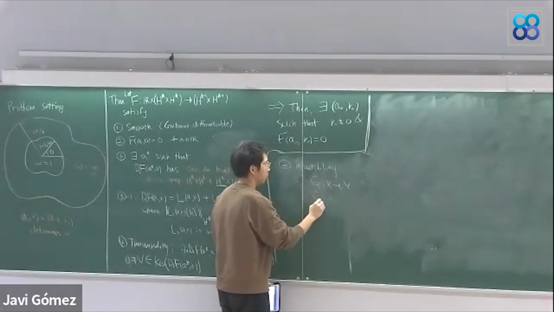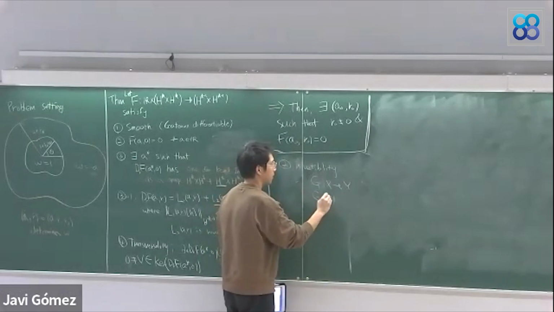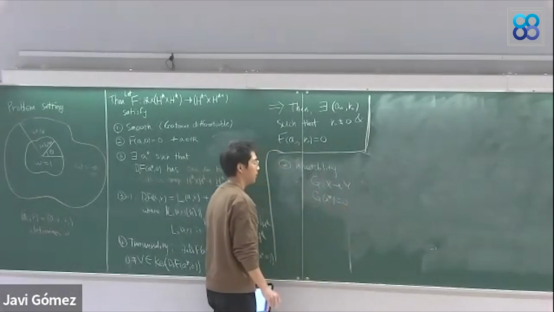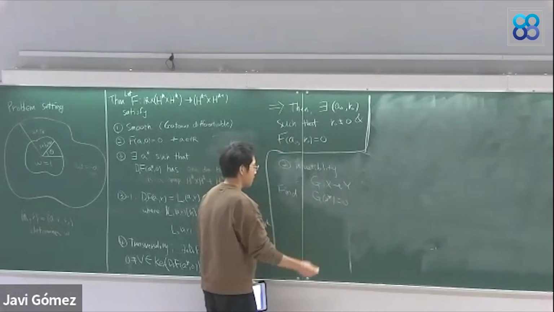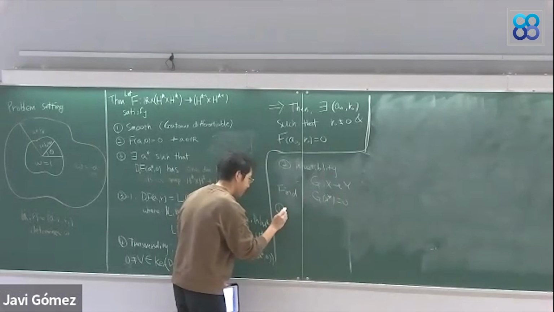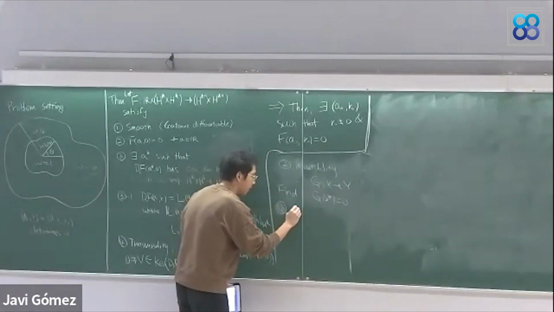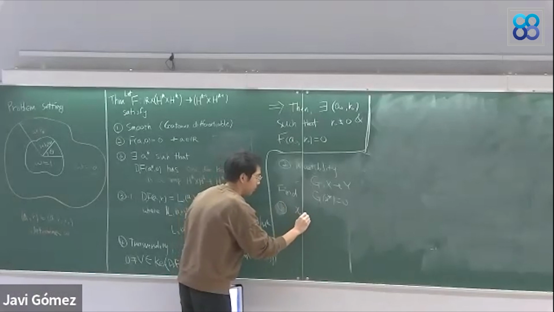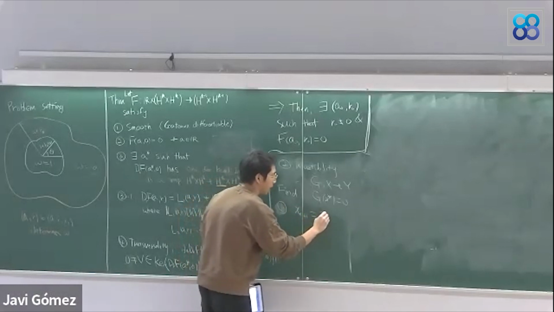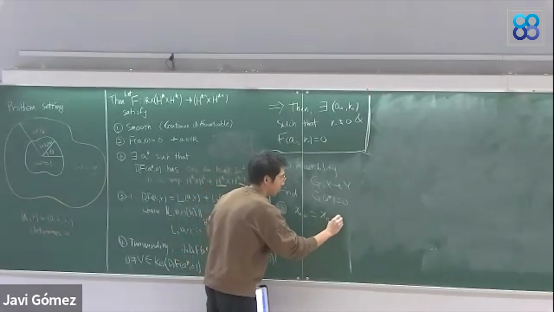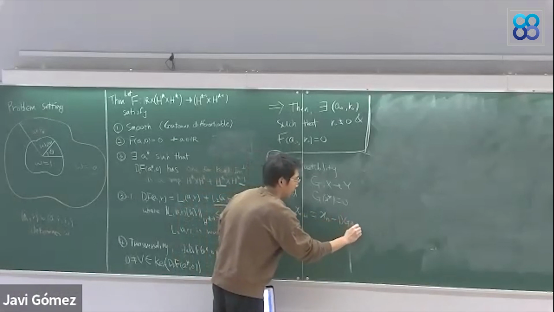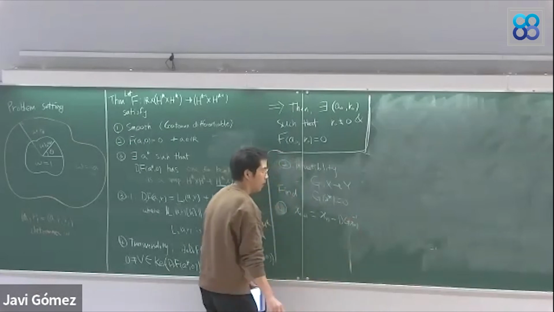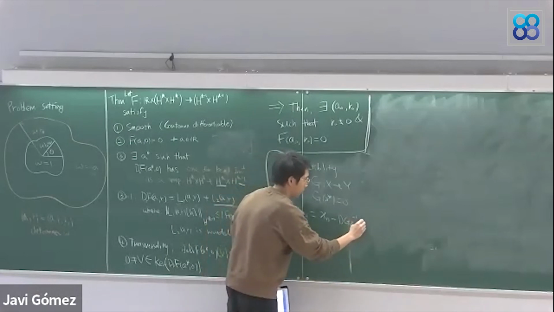We want to find x star such that G of x star equals 0. As I mentioned, we set x_{n+1} to be x_n minus dG(x_n) inverse of G(x_n).